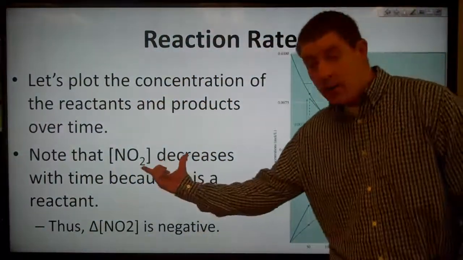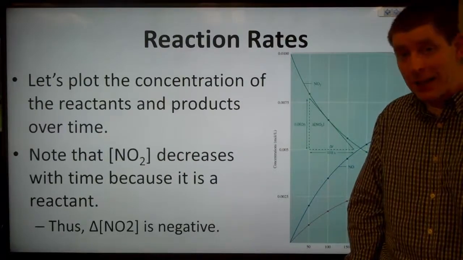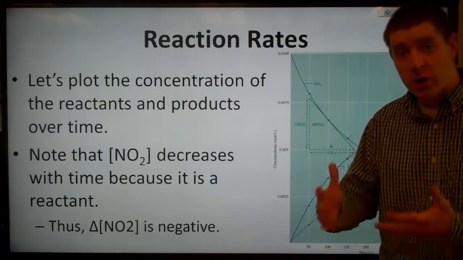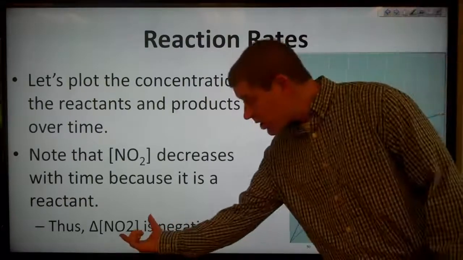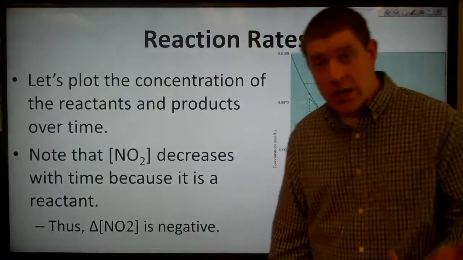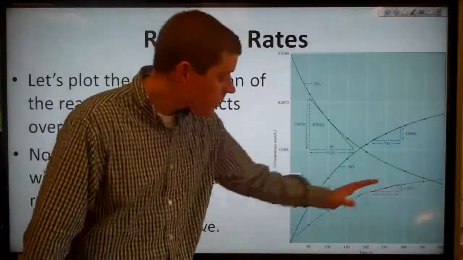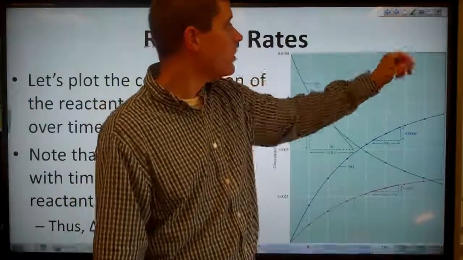Again, we expect the NO2 concentration to decrease with time because it's a reactant, so over time we're going to use up our reactant. Our change in NO2 concentration is negative, whereas our change in oxygen concentration would be positive, and our change in NO concentration would also be positive.